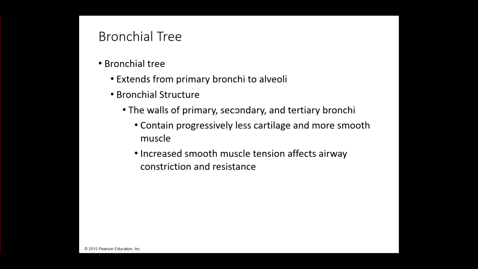As they get smaller and smaller, these tubes are going to contain progressively less and less cartilage. And then as they get smaller and smaller, there's going to be more and more smooth muscle. That smooth muscle in the smaller tubes is very important to us because that regulates the diameter of the tube.